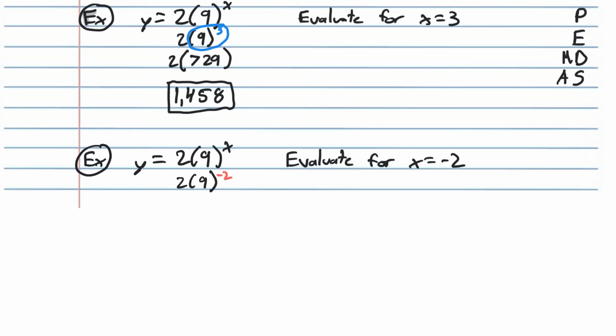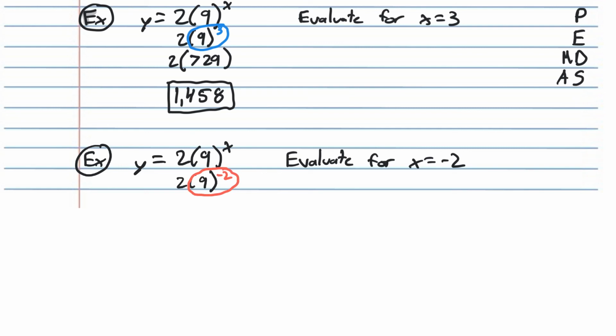Now here's why we spent so much time working with these exponent properties: we have a negative exponent in there, so we have to know what to do with that. Remember, the rule for negative exponents is they have to switch sides. But be very careful. The -2 is only being applied to the 9, so only the 9 is going to move.